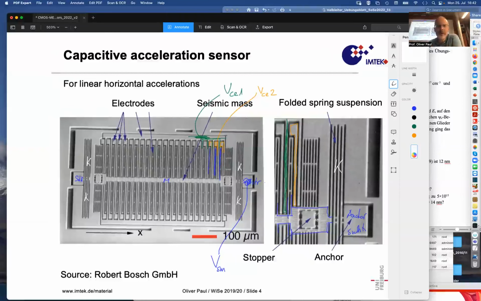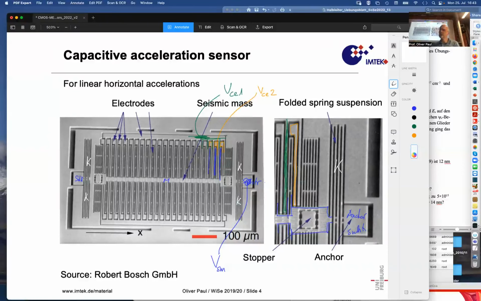And so what else do we have here? Interestingly, we have here another fixed part. That's a so-called stopper, and the mobile part can move back and forth, but not too much. So if you see the gap between the mobile part and the stopper part, there's a little gap here.